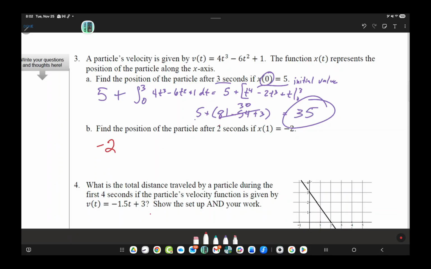But instead of starting at 0, we're going to start at whatever value they gave us for x, from 1 to 2. So 4t cubed plus 6t squared plus 1 dt. So let's see here.